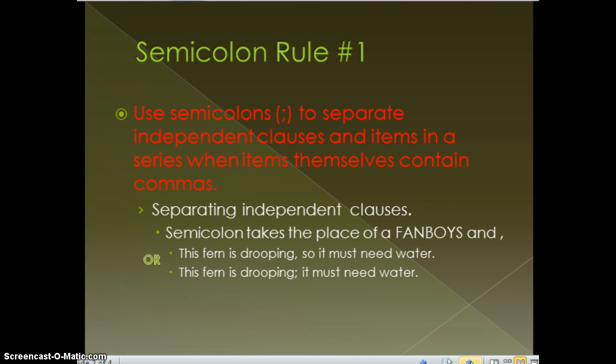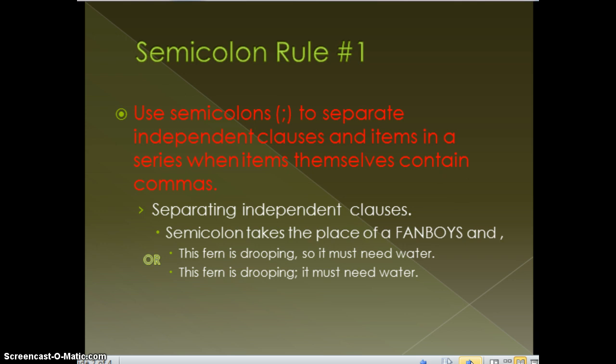So instead of either having a period or having a fanboy and a comma, you can just use a semicolon to join the two related independent clauses. If you look at the examples, you have: the fern is drooping, comma, so it must need water. We know that to the right of the fanboy, so, is a complete sentence, and to the left of the comma is a complete sentence.